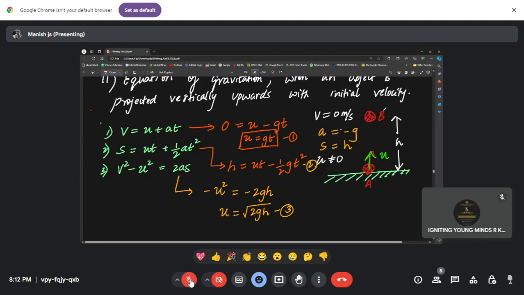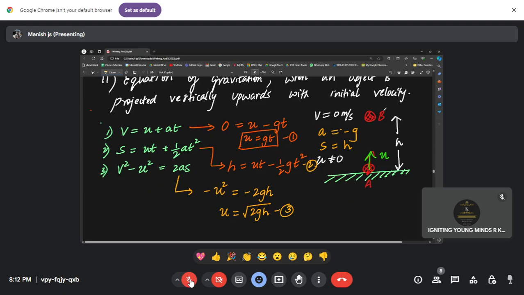So we have successfully transformed the equations of motion to the equations of gravitation when an object is projected vertically upwards with some initial velocity. The conditions that you need to apply are: initial velocity is not equal to 0, displacement equals h, acceleration is equal to negative g.